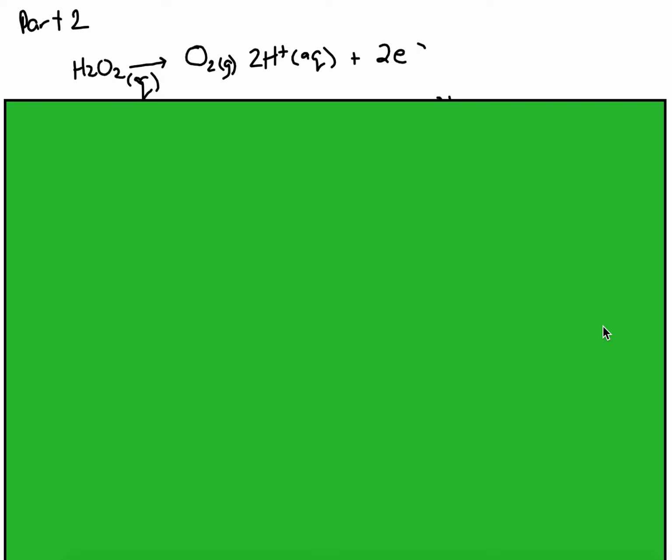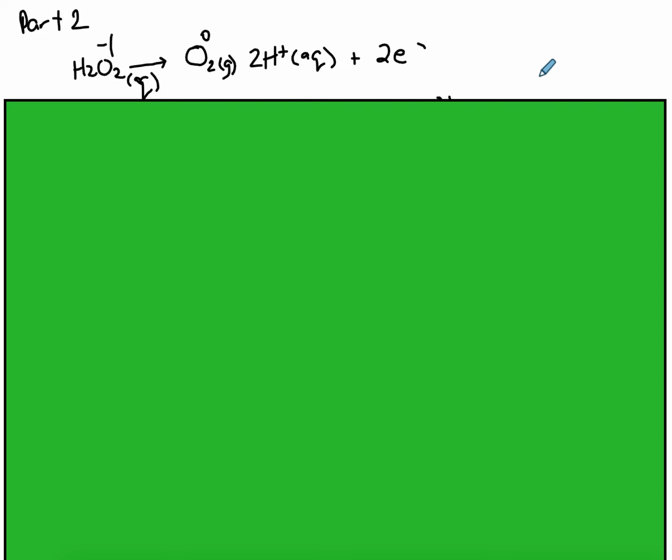Potassium permanganate will still be the oxidizing agent, and what happens here is that the oxygen in hydrogen peroxide is a -1, and oxygen, like all elements in their natural states, has an oxidation number of 0, which we will again learn about.